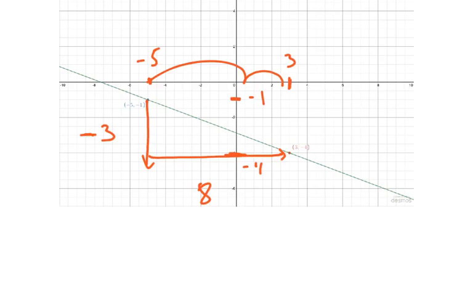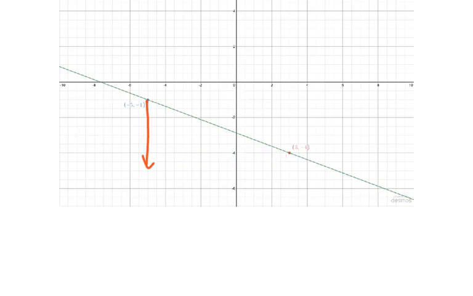What I really want you to notice, though, is not the slope, but not necessarily the measurements of the slope. What I actually want you to notice is the direction of the slope, and this is very, very important. The slope of this one we can see is going down, right? This slope is going down.